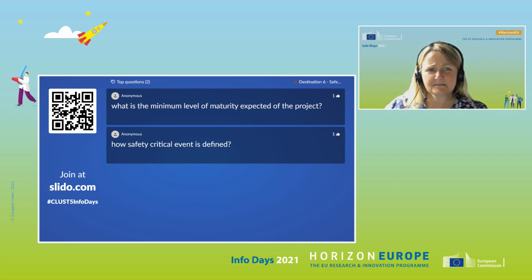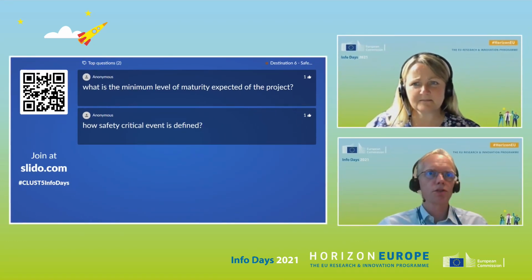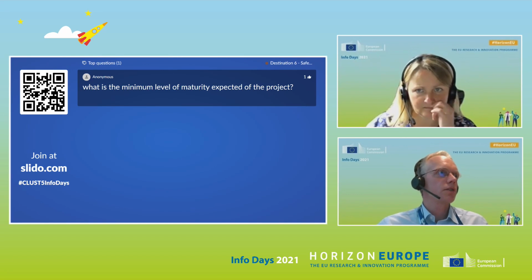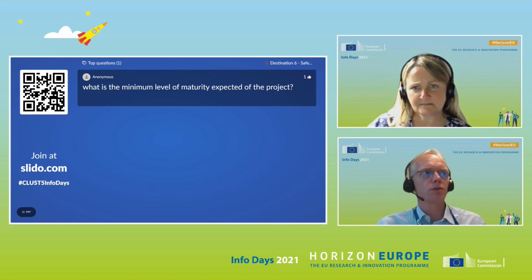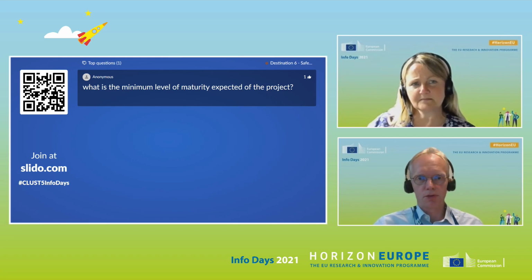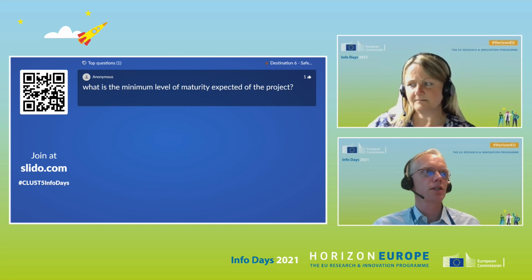Yes, thank you, Isabel. There was another question on the TRL level. So what is the minimum level of maturity expected of the project? Well, first of all, this depends on the project, whether it's a research and innovation action or an innovation action. What we have always specified in the work program and in the topic description is the maximum TRL that should be achieved by the end of the project.